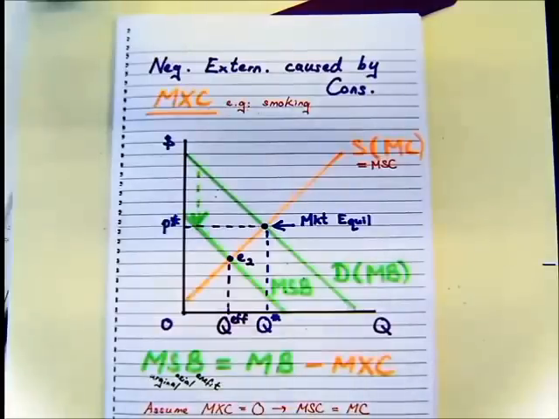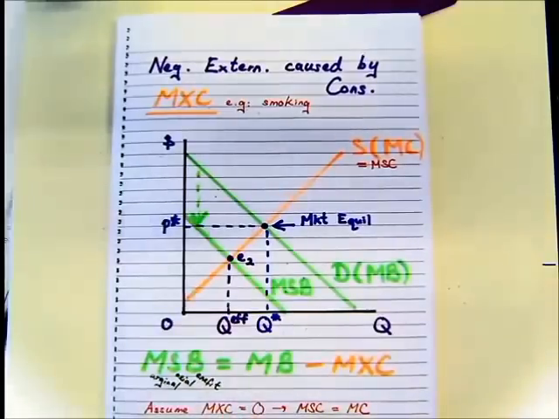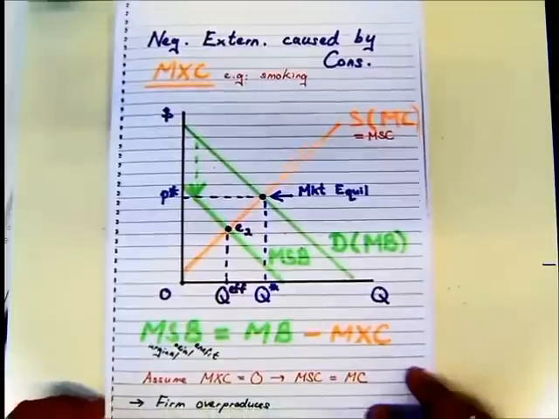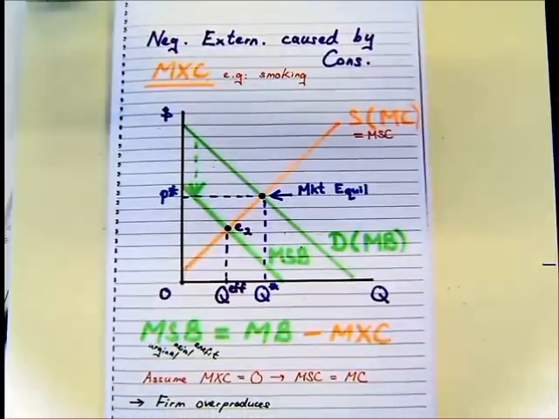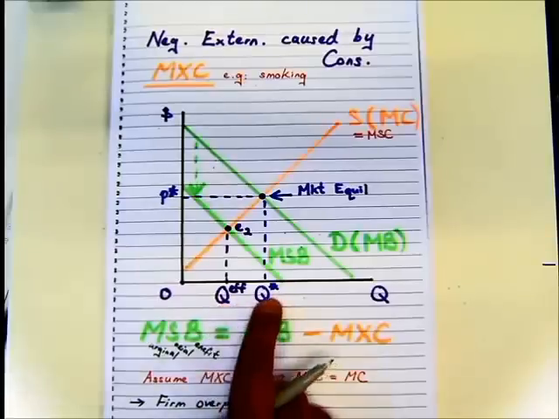So the market failure here is that the firm overproduces the product. They should be producing here, taking the externality into account, but they're producing a much higher quantity.